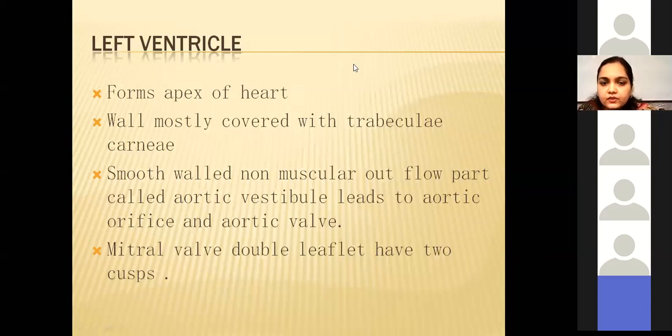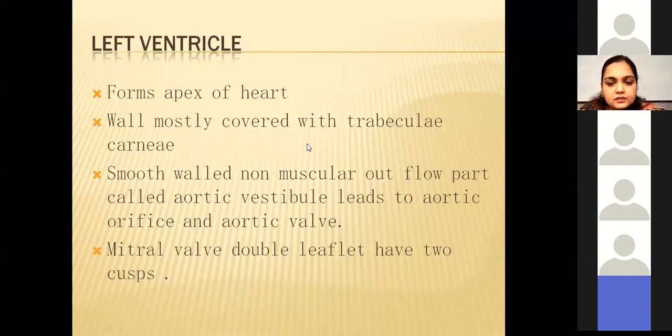Between the left atrium and the left ventricle, a two cusp valve is present, called the mitral valve. You can at least memorize that on the right side it was the tricuspid valve, with three cusps. How are these cusps formed? These cusps are simply formed by a fibrous ring, and they are adherent to the chordae tendineae. These chordae tendineae are again attached to conical muscular projections called papillary muscles.